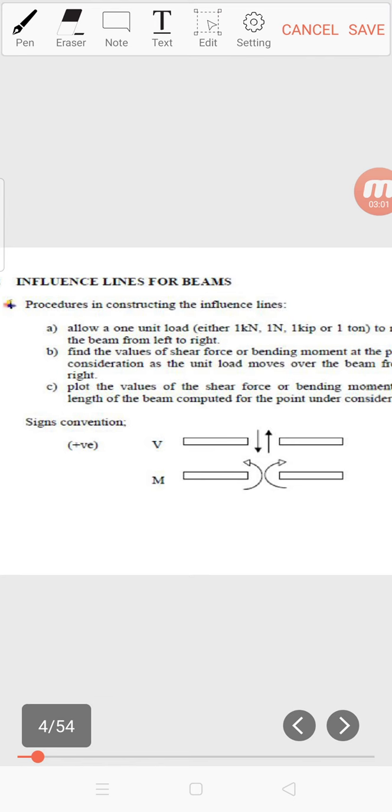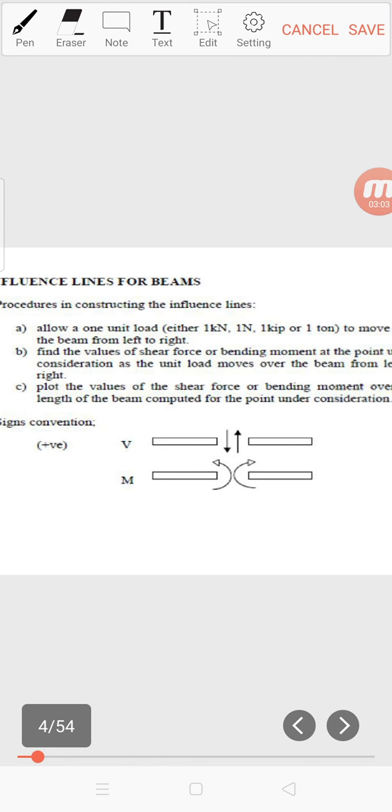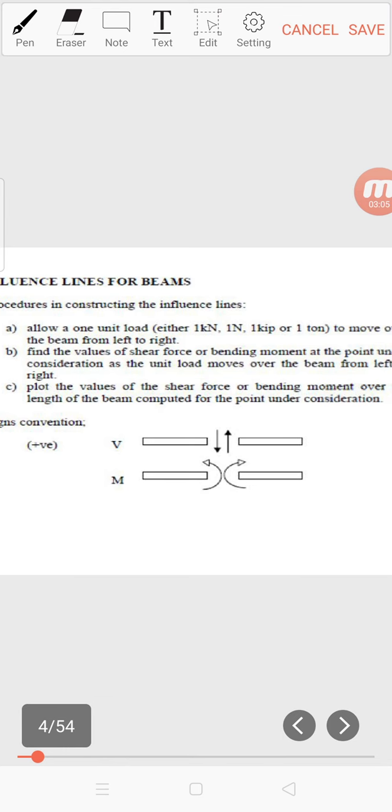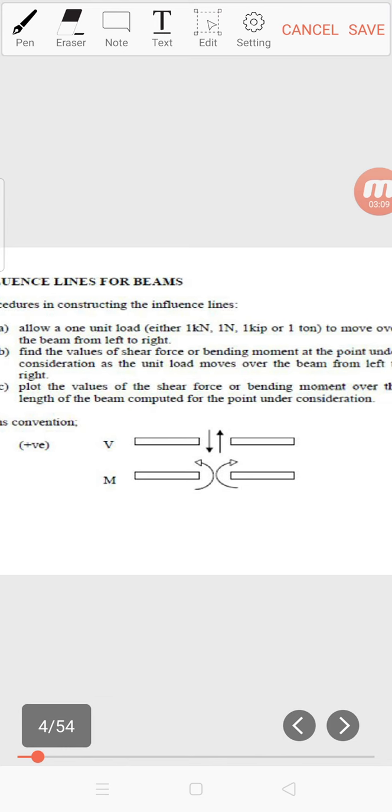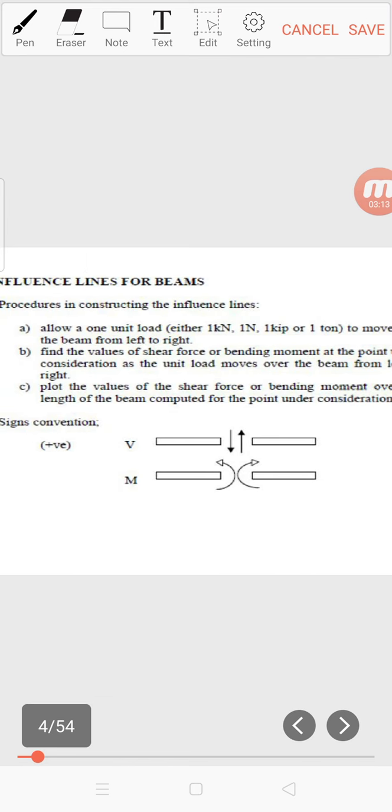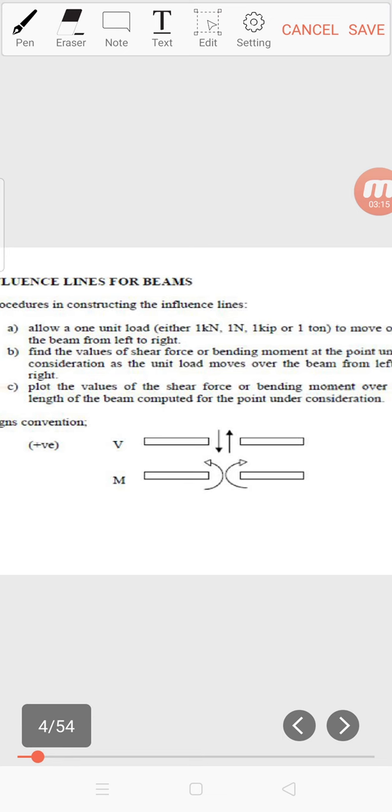Okay, the procedure. First, we allow 1 unit load. We can put either 1 kilonewton, 1 newton, 1 kip, or 1 ton to move over the beam from left to right.